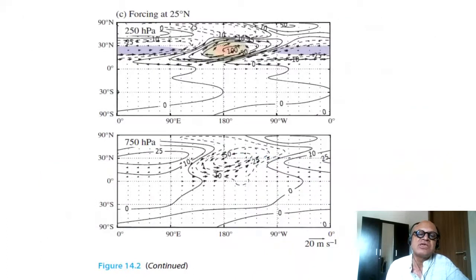And the interesting thing is that even if you put the heating in the subtropics, which corresponds to the monsoon circulation, of course, like the East Asian monsoon and the Indian monsoon, the influence on the equator is still very clear. So obviously there is this meridional communication happening even if the heat source is off the equator in the subtropics.